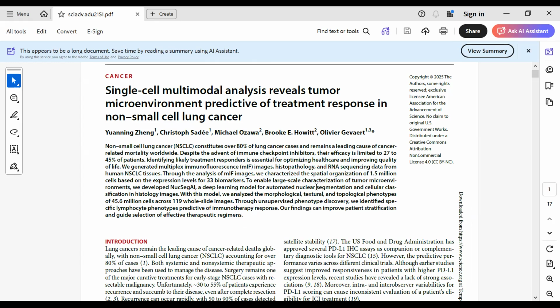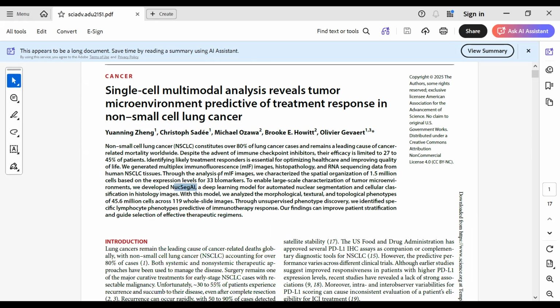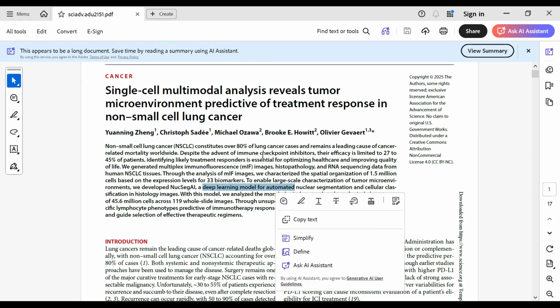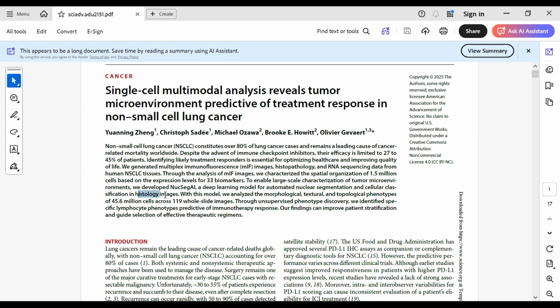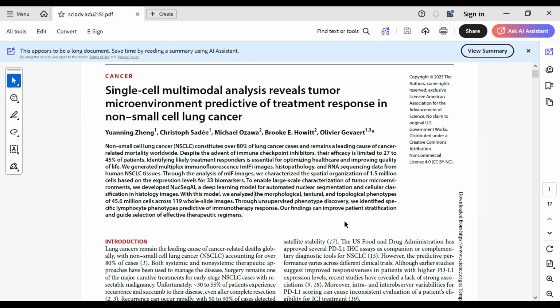And to enable this large-scale characterization of the tumor microenvironment, they have developed a model, that is NucSegAI, which is a deep learning model for automated nuclear segmentation and cellular characterization in histology images. With this model, they have analyzed the morphological, textural, and topological phenotypes of 45.6 million cells across 119 whole slide images.